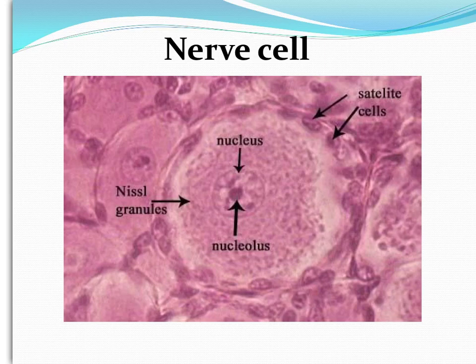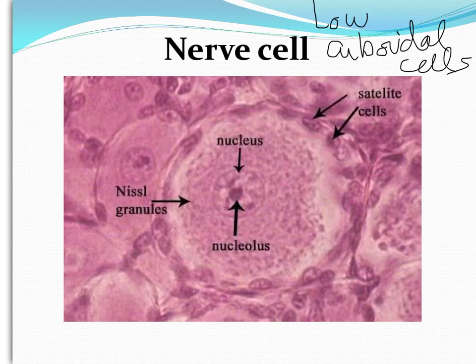So this is a picture of a spinal ganglion. And when you describe them, they are low cuboidal cells. They are not so high, and not flat, they are low cuboidal cells, as you see here around this unipolar nerve cell.